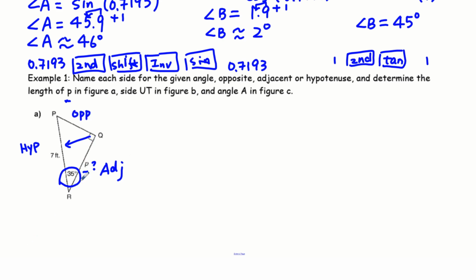And in this triangle, we need to decide which ratio we are going to use. We have opposite over hypotenuse, adjacent over hypotenuse, and opposite over adjacent. This is sine, this is cosine, this is tangent.